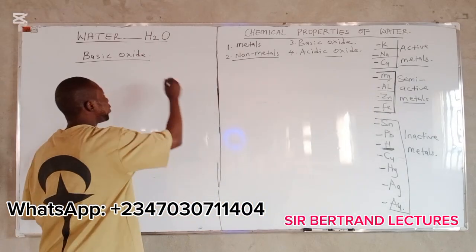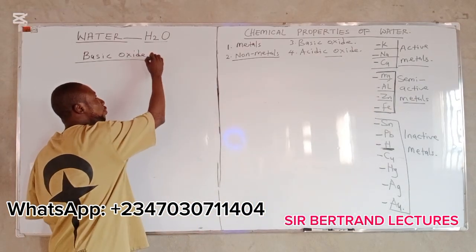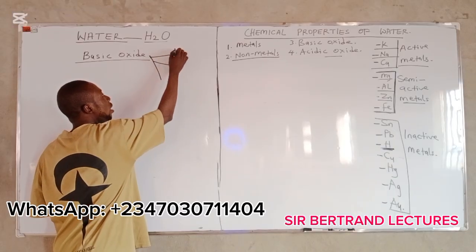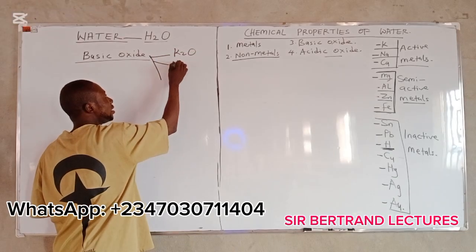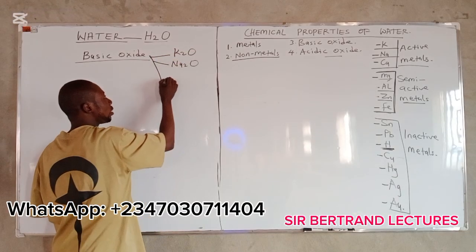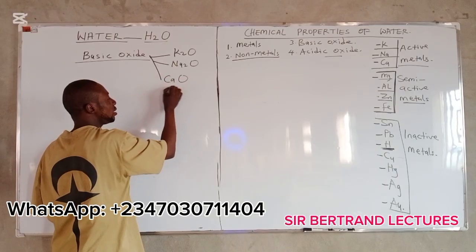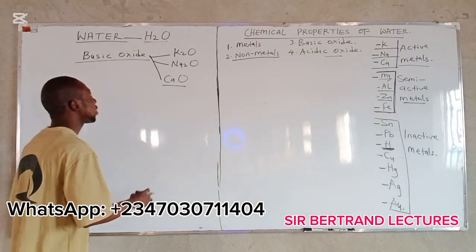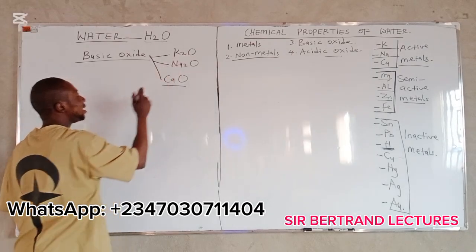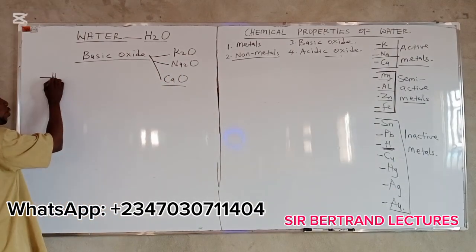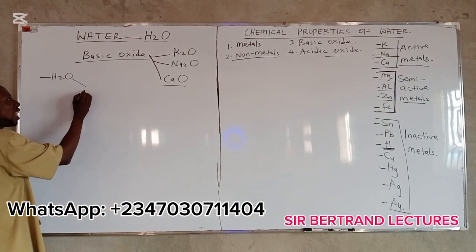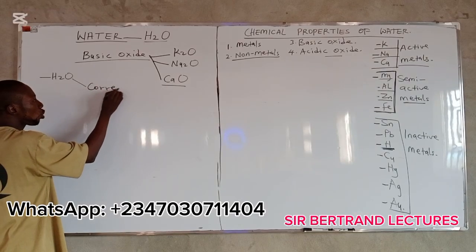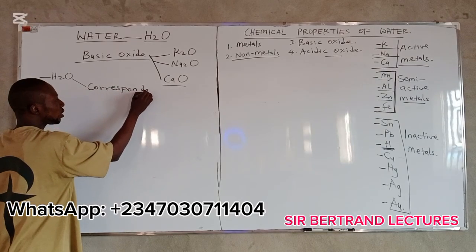Then the active metals here that form the basic oxide, as we have here on the board, are potassium oxide, sodium oxide, and calcium oxide, which is also known as quicklime. Now, when these basic oxides react with water, they are going to produce corresponding hydroxide.